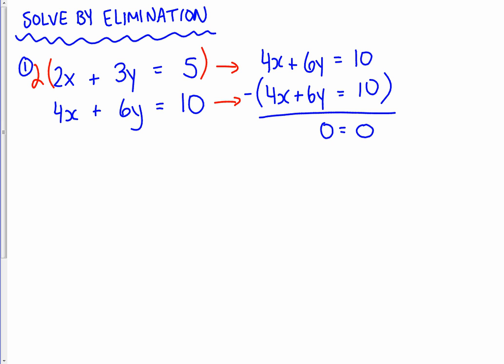We wrote down, if we get 0 equals 0, those are the exact same lines. So how many solutions does that have? Infinite. So if you ever get 0 equals 0, everything canceling out, then we have infinite solutions. They're the same line.